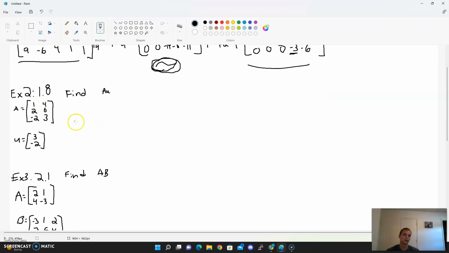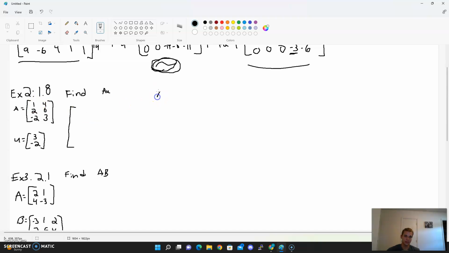So for 1.8, which is the matrix transformations, this is the multiplying. So we're finding AU. We have A is this 3x2 matrix, and U is this 2x1 matrix. So the resulting matrix, the product from these, will be a 3x1 matrix.